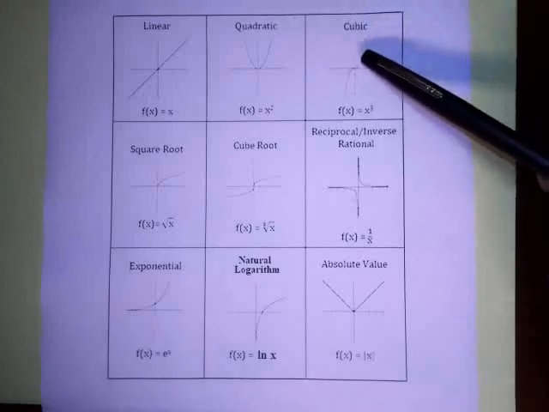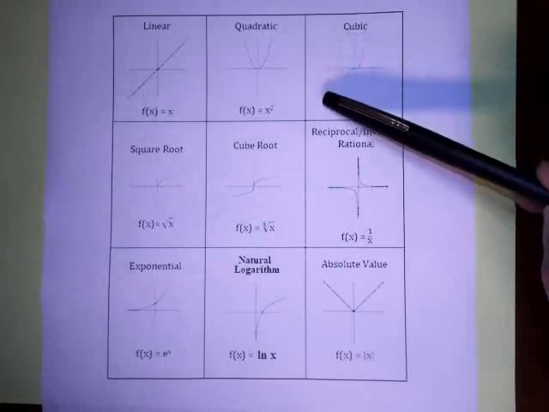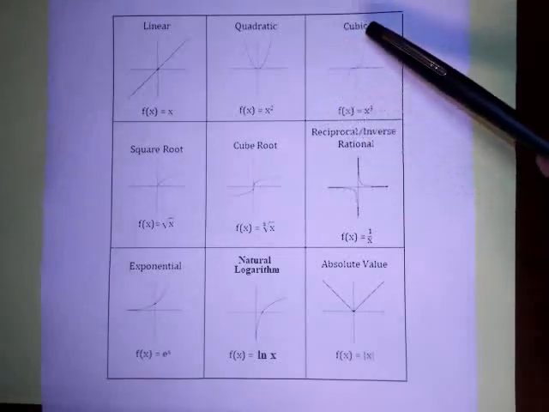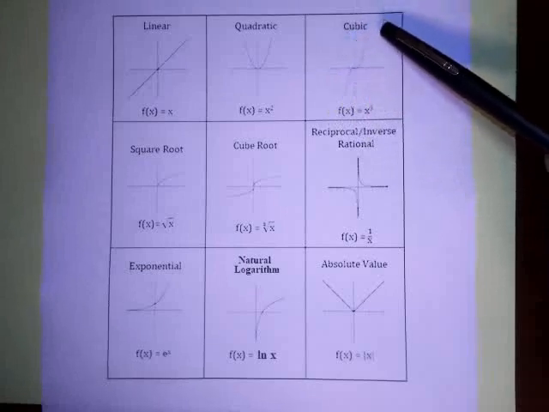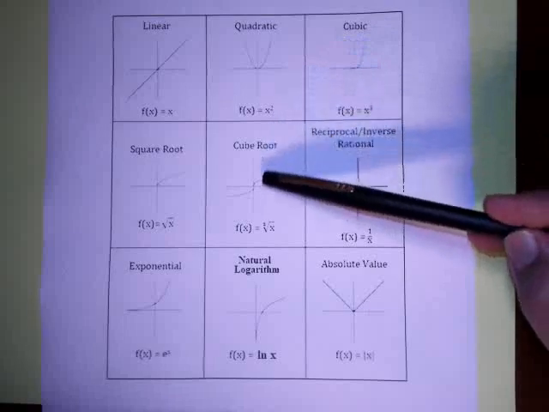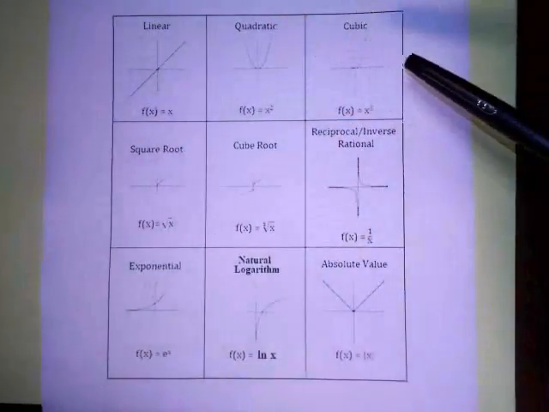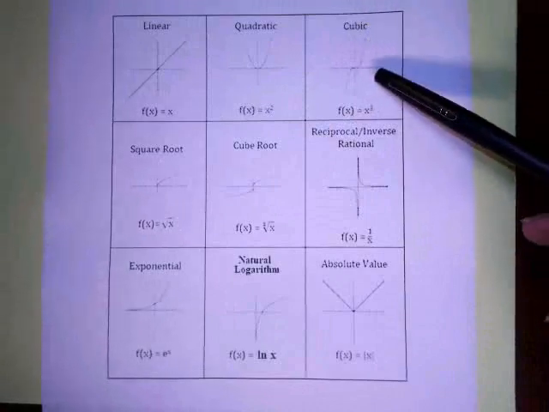It'll come down from this side and turn around and come back down. But a fifth degree will turn no more than 4 times. It doesn't have to turn 4 times, but it'll turn no more than 4 times.